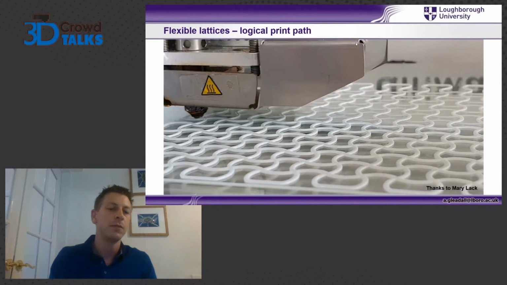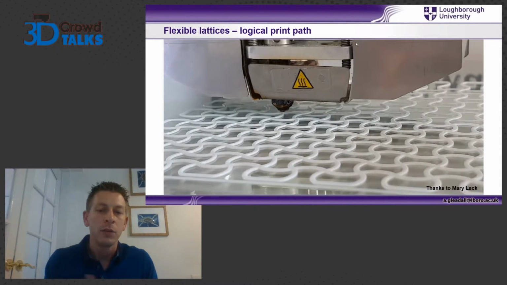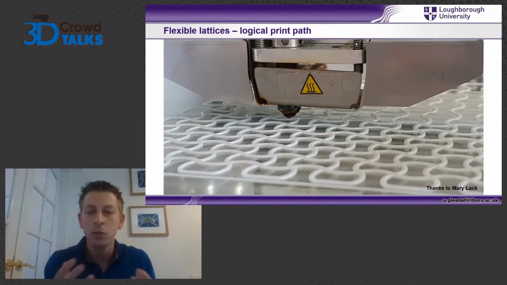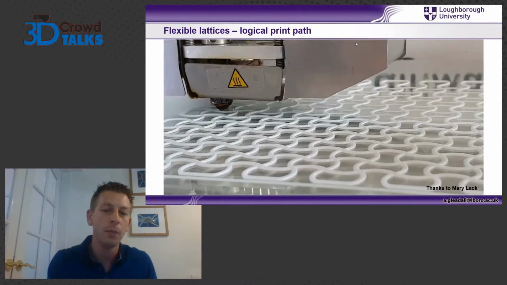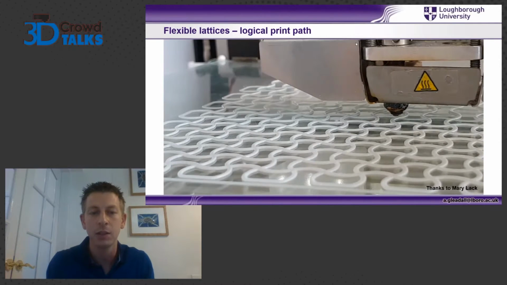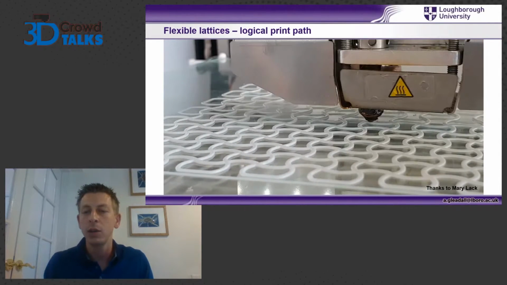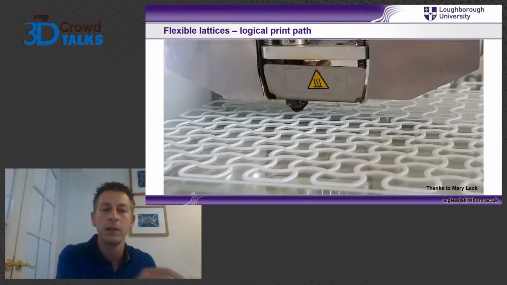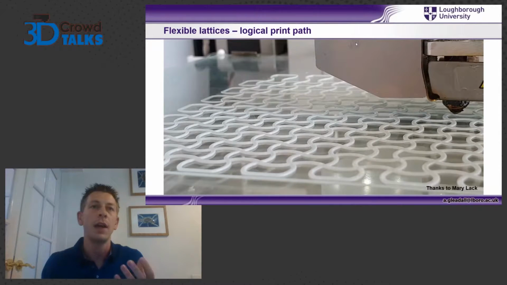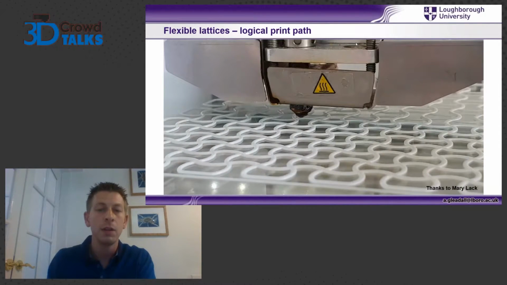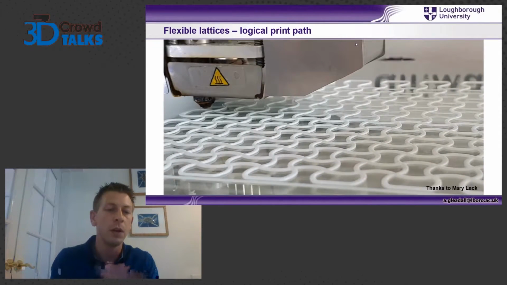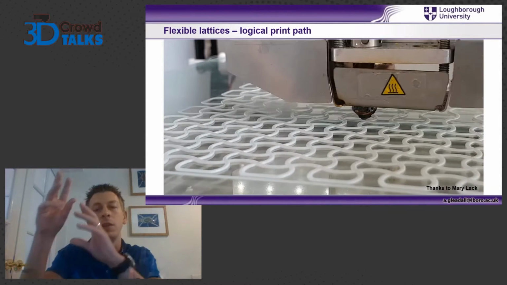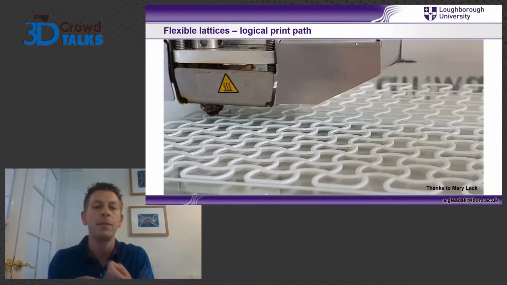Another kind of application for it, when you're creating your custom G-code, is for simple structures where the logical toolpath is obvious. So for this lattice structure that you can see on screen now, it's quite clear that a really neat way to print that is just for the nozzle to move all the way to one end and then all the way to the other end. Whereas if you put a 3D model of this into a slicer, it will not identify that as the toolpath, and it'll print a bit over here, a bit over here, a bit over here, and you end up with these gaps and defects.